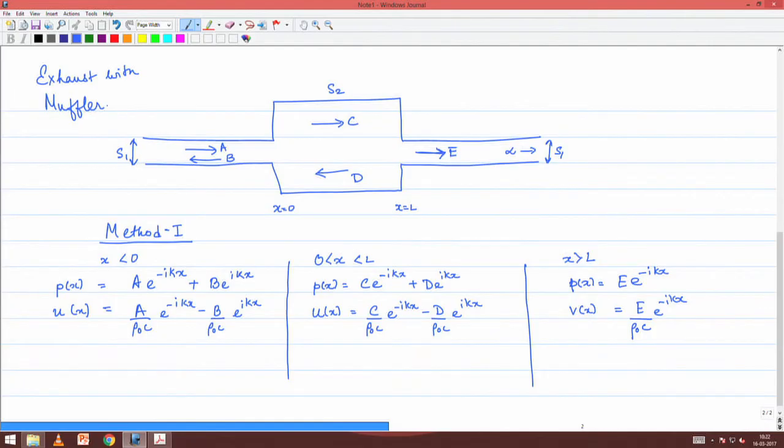So, towards that end we must understand that there are 5 variables as we see, A, B, C, D and E, but what we are mostly interested in is to find E in terms of A, right. When I say in terms of, it essentially means A is known, we could as well assume that A is of unit amplitude and find what is the resulting E. So, that gives us the ratio of E by A, right.